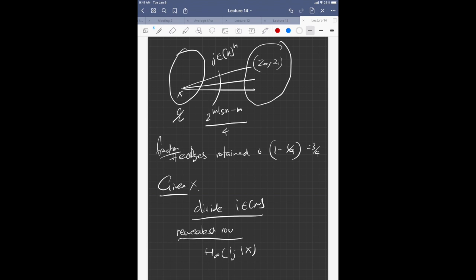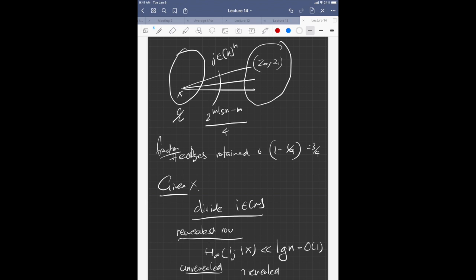So when I say conditioned on x, I'm looking at the various possible values of ji just in the neighborhood of x. We need something like log n minus O of 1, and if it is much smaller than that, we will call it revealed, and we'll call it unrevealed if it is not revealed.